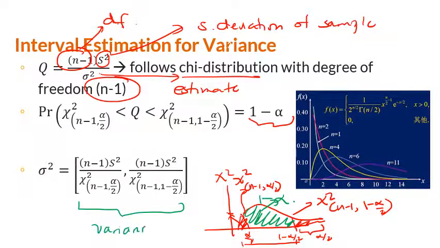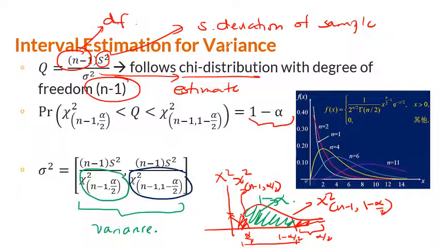So class, I want you to look at the asymmetry of your chi-square distribution. It's usually the case that this value is larger than this particular value in blue, the green.